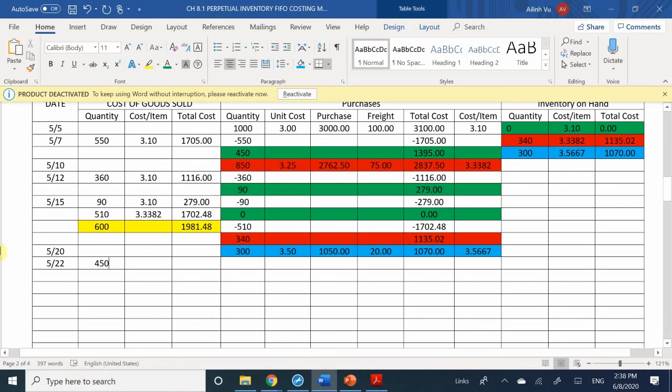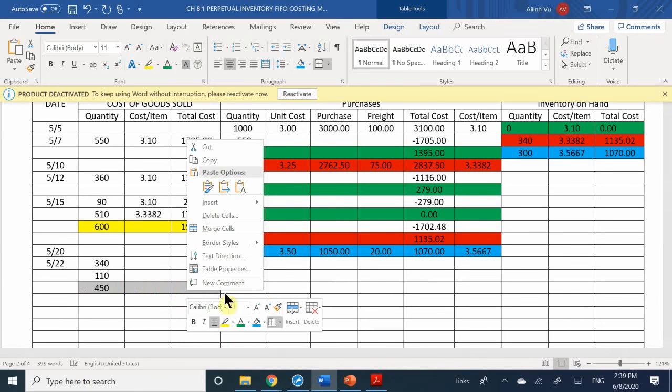No. 340 of it. Exactly. So 340, and now we need a total of 450. So how much do we need left from the remaining batch? 110. That's correct.